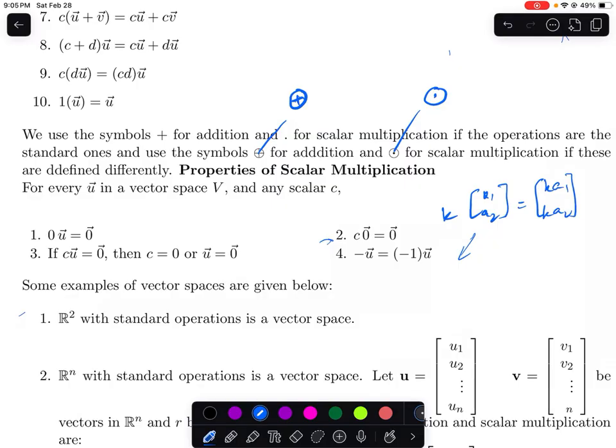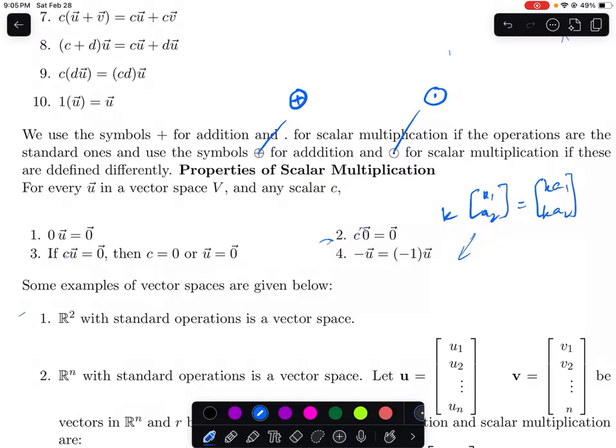And if you see that a scalar multiplied by a vector is equal to the 0 vector, then it means either c is 0 or u is 0, from 1 and 2. And number 4, the negative of a vector is negative 1 times the vector. The negative 1 will get multiplied with every component of the vector.